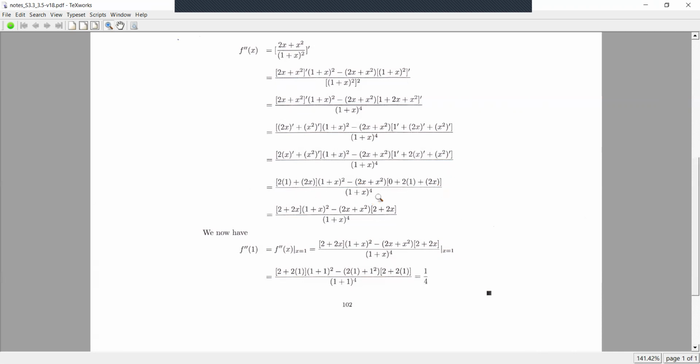Simplify this expression a little bit, then this is the result of the second derivative of function f. Now, to find the second derivative at the point 1, plug in 1 for x. Then we get that the second derivative at the point 1 is 1/4.